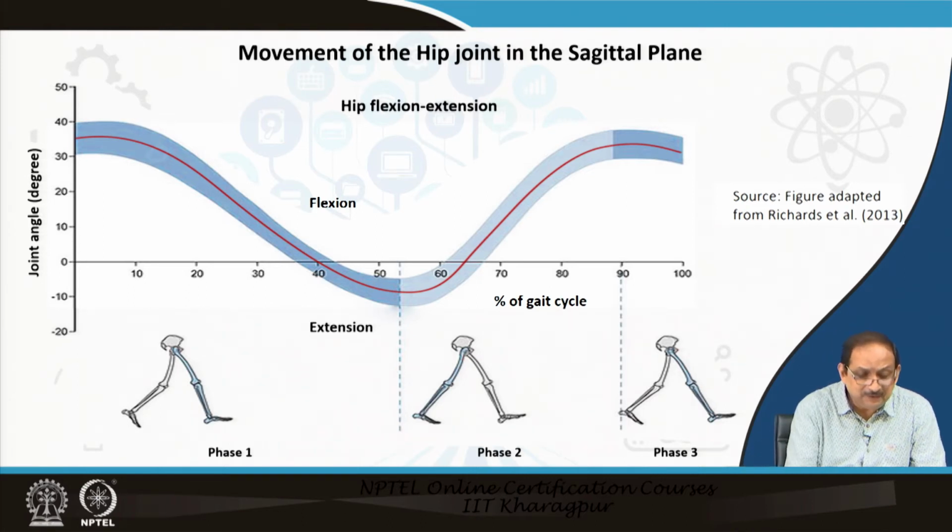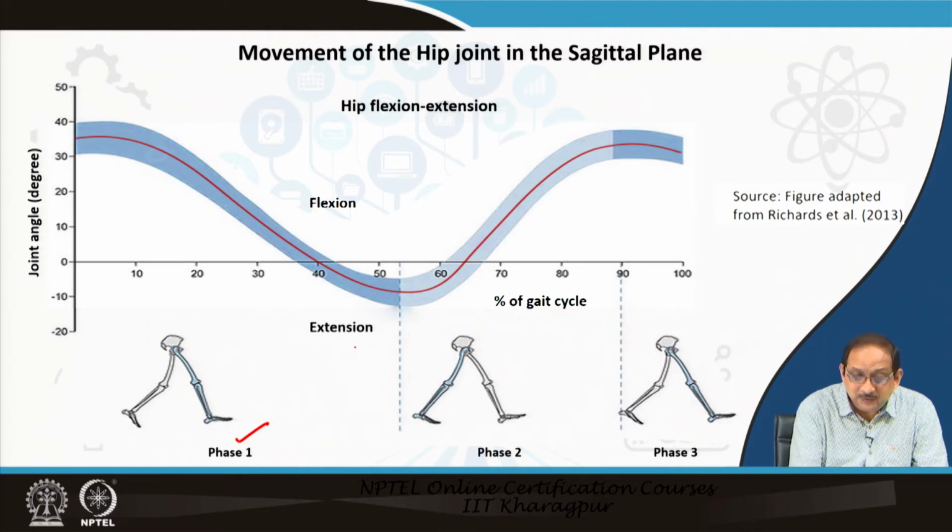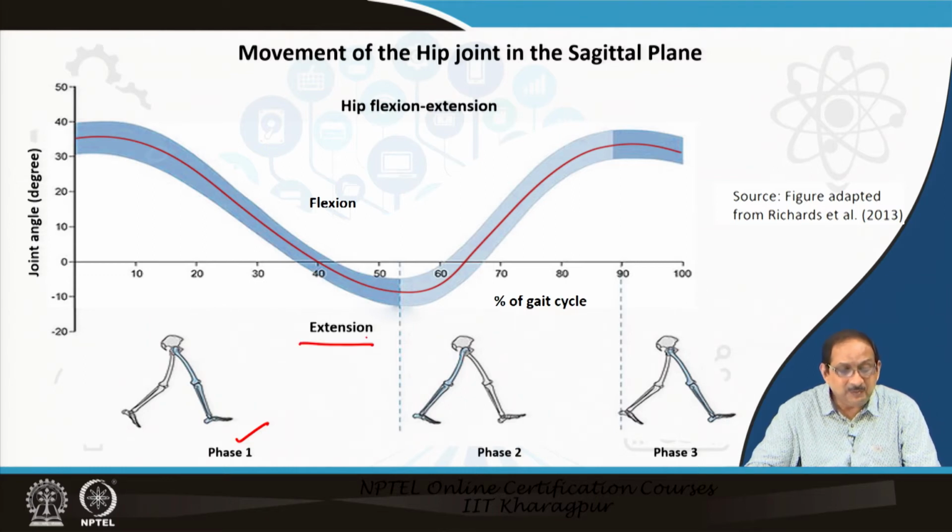So, after initial contact in phase 1, the hip extends as the body moves over the limb. So, you can see that the hip extends as the body moves over the limb.